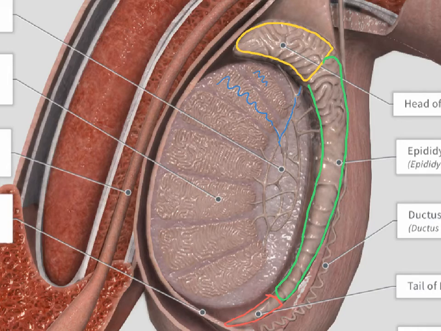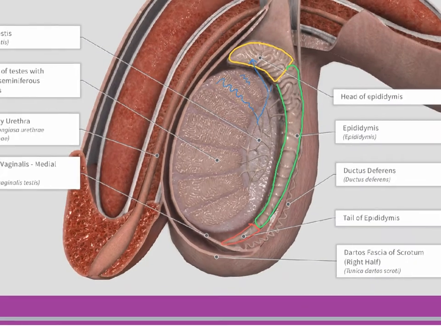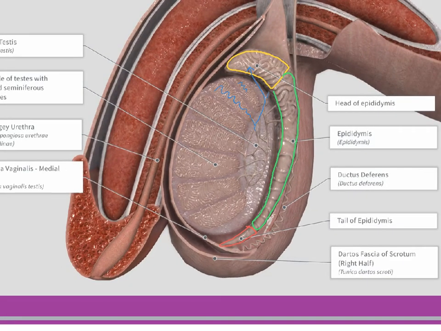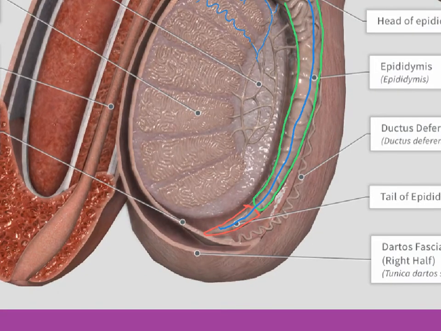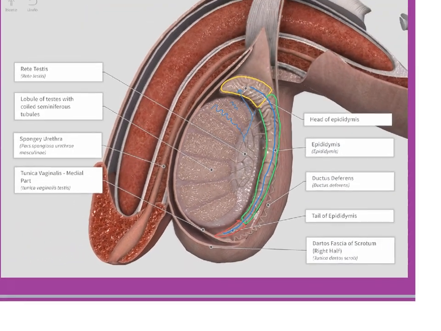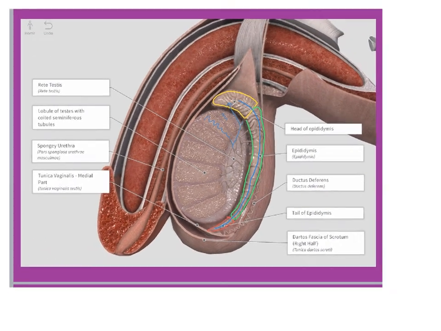The rete testes, this network of tubules, are going to transport the sperm to the head of the epididymis first. And from there, the sperm will move slowly, right? This is going to take about 3 weeks. The sperm move from the head down to the body, and ultimately they end up at the tail, where they're going to be stored and prevented from maturing and swimming around too quickly.